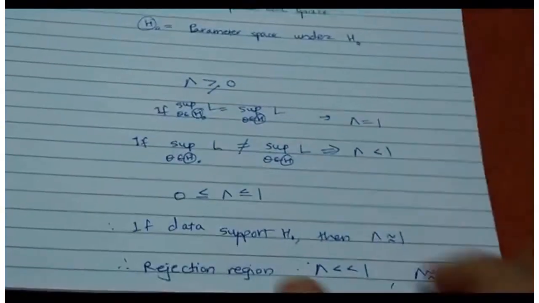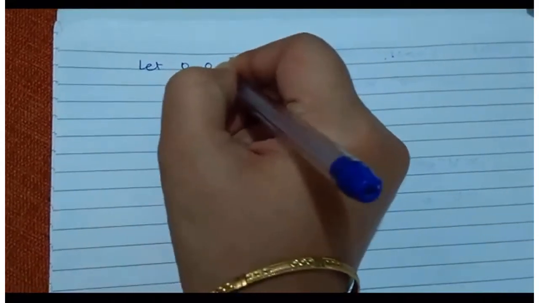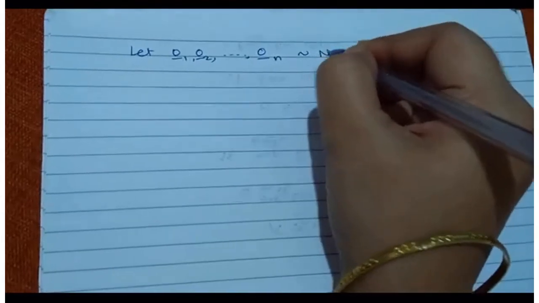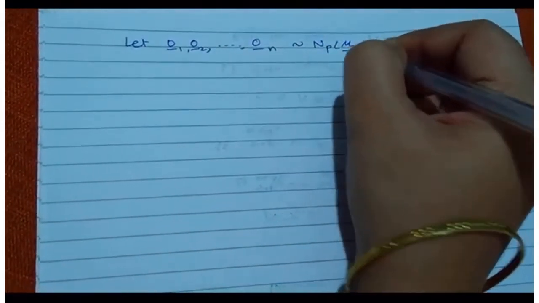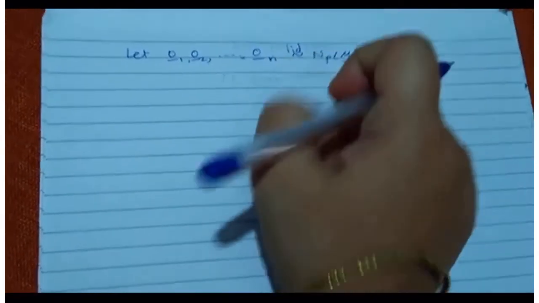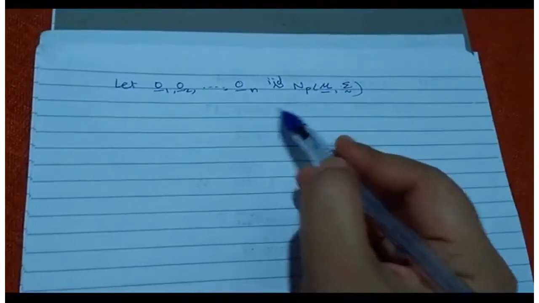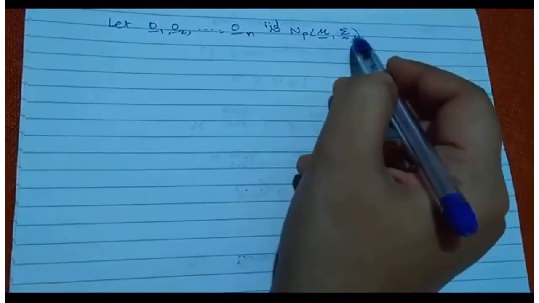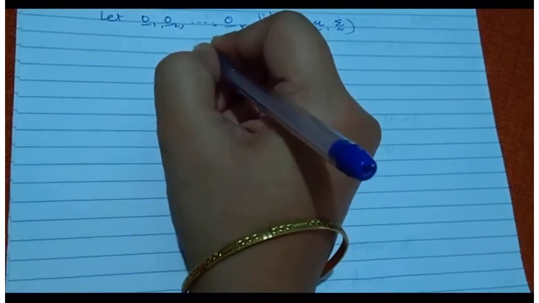Now let us come to the actual problem at hand. My current problem is that I have O1, O2, ..., On, each coming from a p-variate normal distribution with mean mu and variance covariance matrix sigma, and they are IID.